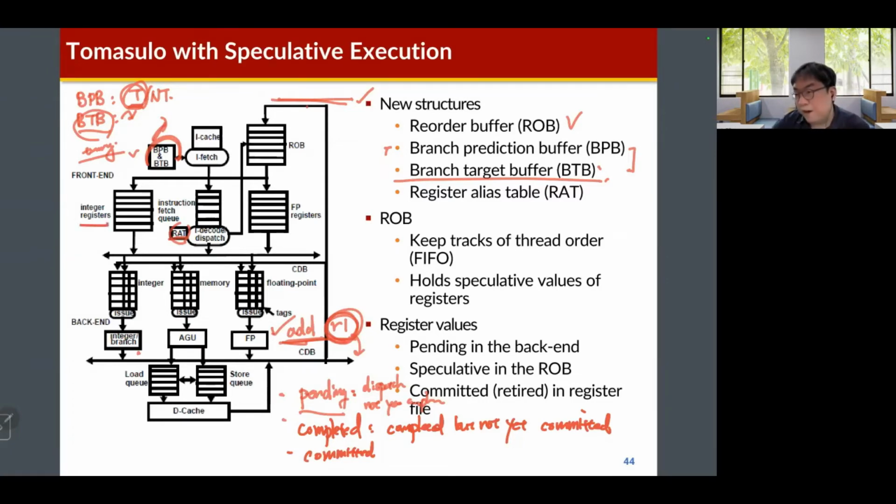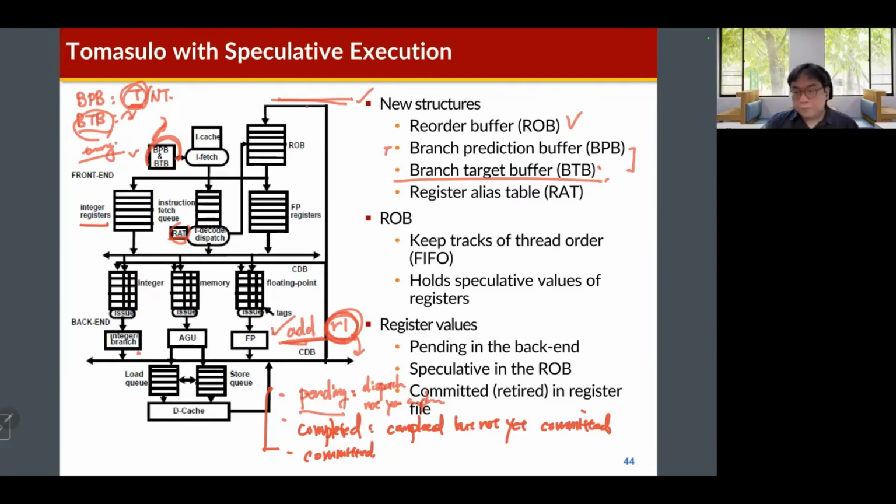So the register file has these three states. Pending state means that we don't know the result of this register, but the instruction will be executed, so in the near future we can know the result of this register. This is the pending state.